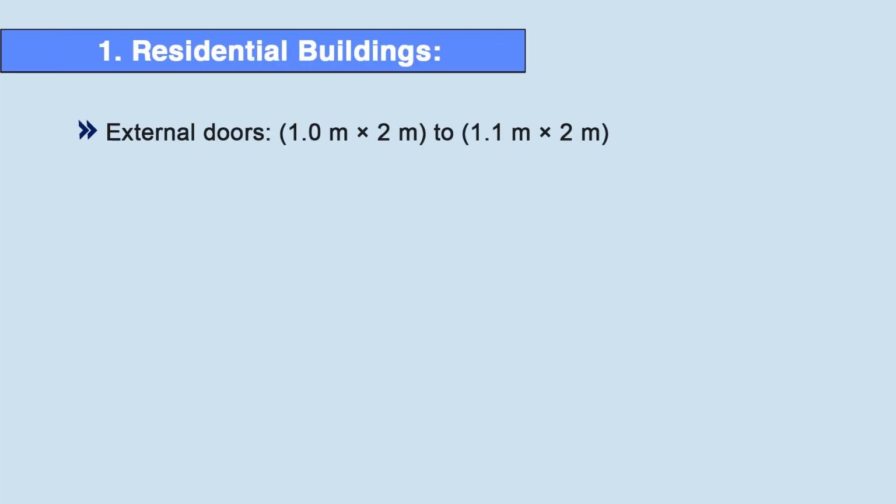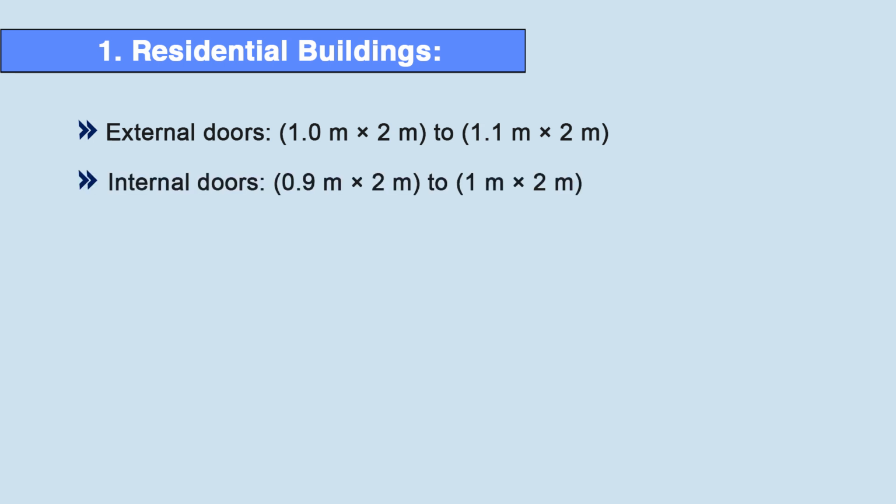Now, the following standard door sizes are commonly adopted for various types of building. The first type of building is residential building. In the residential building, external doors generally have size 1 meter by 2 meter to 1.1 meter by 2 meter.